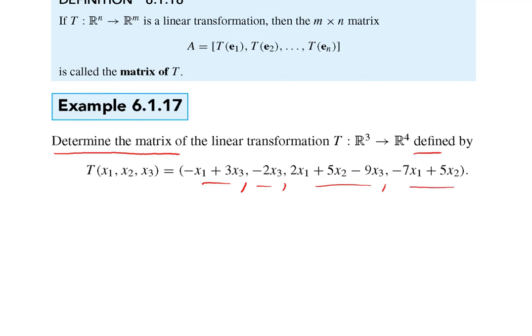Now let's go back and pay attention to my transformation defined from R to the N to R to the M. This is what we have. So what do you think the matrix that we are asked to write down has a size of what? It's actually going to be a 4 by 3.